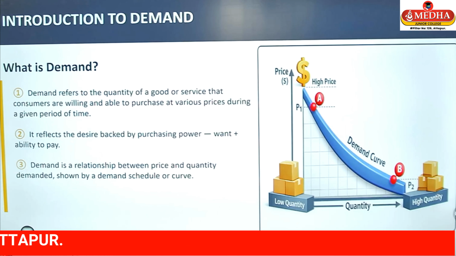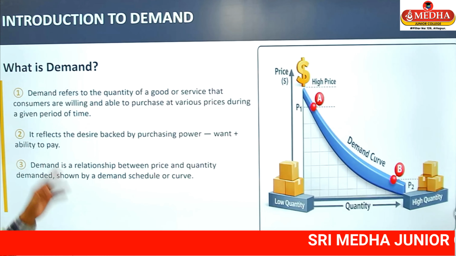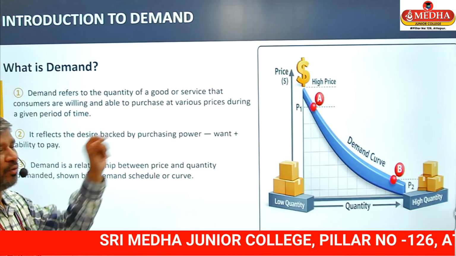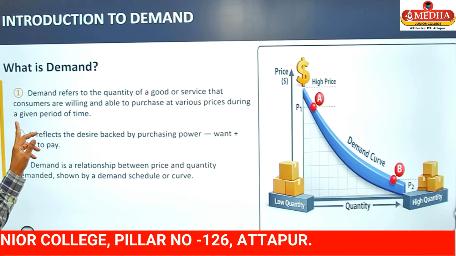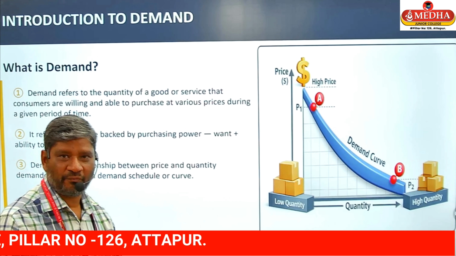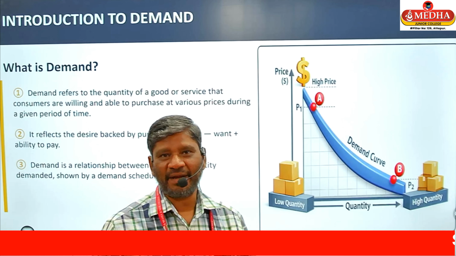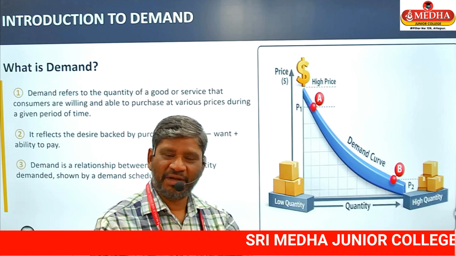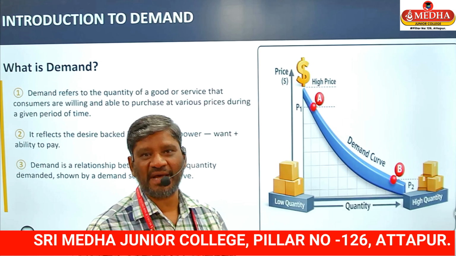Demand refers to the quantity of goods and services that consumers are willing and able to purchase at various prices in a given period of time, which means a consumer will create a demand when he has the ability to purchase along with the desire.